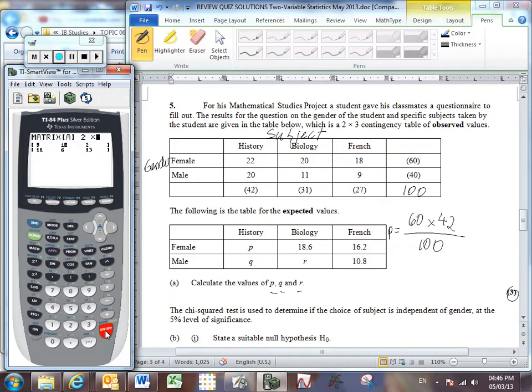Here I'm dealing with a 2 rows and 3 columns matrix. Let's put in the new values. 22, 20, and 18, and then 20, 11, and 9. And now we'll quit, and we'll say stat tests, chi-squared test. There it is, and yes, calculate.